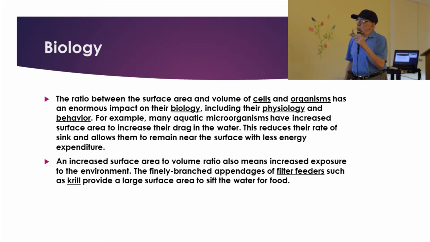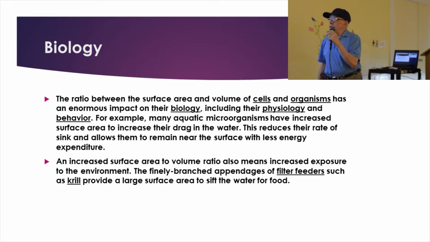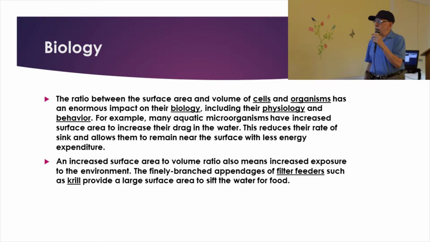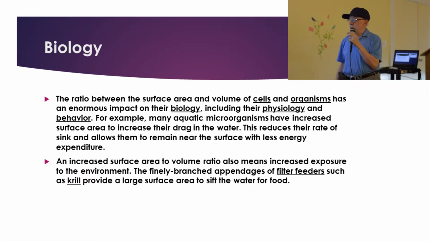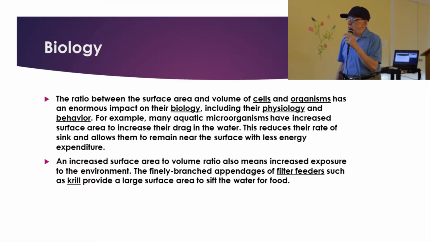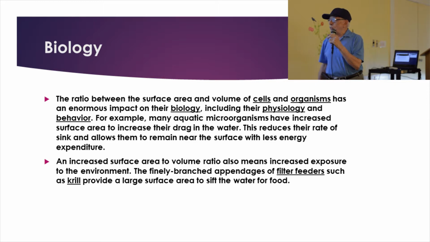This reduces their rate of sinking and allows them to remain near the surface with less energy expenditure. An increased surface area to volume ratio also means increased exposure to the environment. So the finely branched appendages of filter feeders, such as krill, provide a large surface area to sift the water for food.